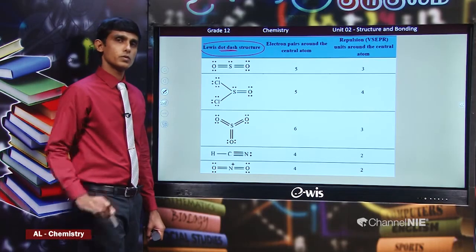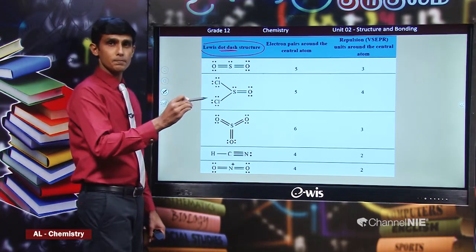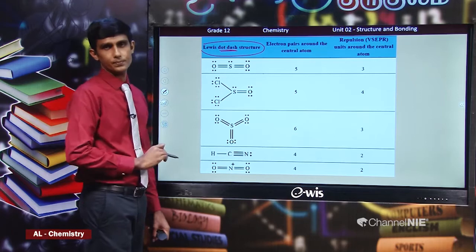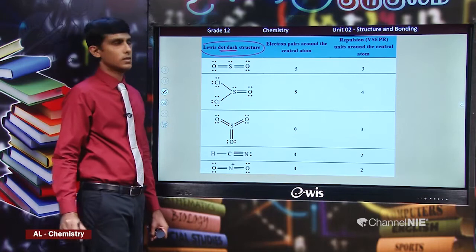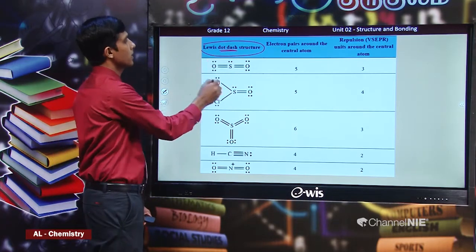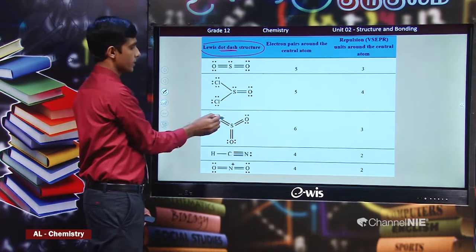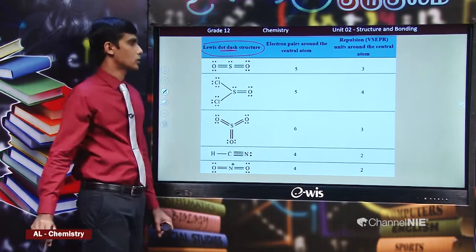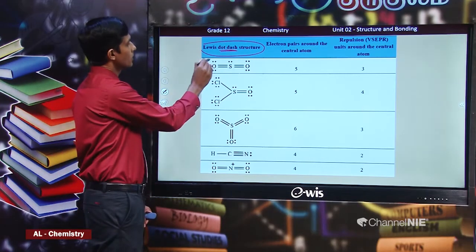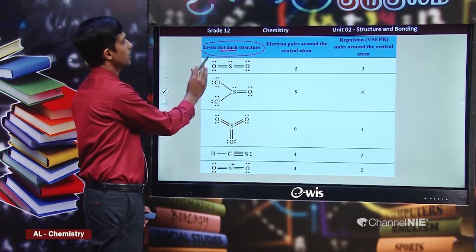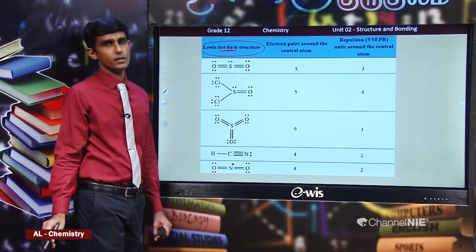When you are asked to draw a Lewis dot dash structure, if you draw the dot cross diagram, that is incorrect, because here it specifies dot dash structure. So, this kind of structure is expected. The shape is not expected here when you draw the Lewis structure, but in your structure dots and dashes must be there, not a dot cross diagram, right.